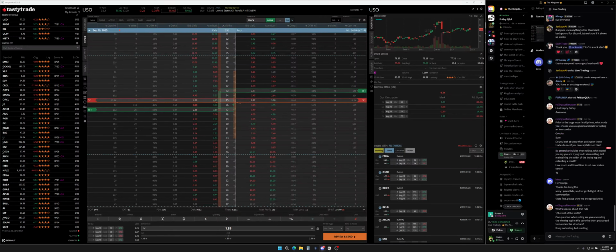So what's special about that rule? 1/3 of the credit of the width. To answer that first, getting a credit 1/3 the width of the strikes is just a tastytrade thing that I follow. I think it makes for a good rule of thumb. You can always go over that, there's nothing wrong with that.